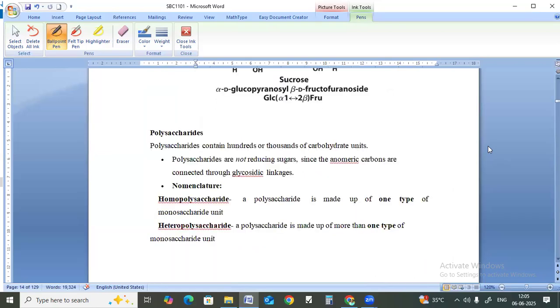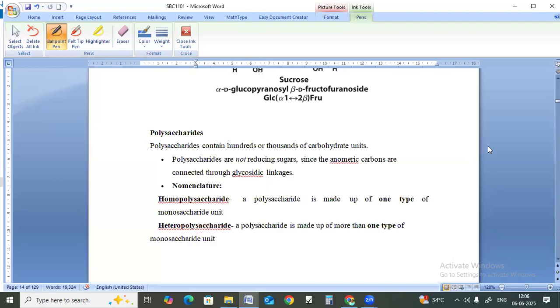Next, come to the polysaccharides. What are polysaccharides? Polysaccharides are sugars that release monosaccharides on hydrolysis. They contain many monosaccharide units, so they are called polysaccharides. Poly means many. The polysaccharides are not reducing sugars.